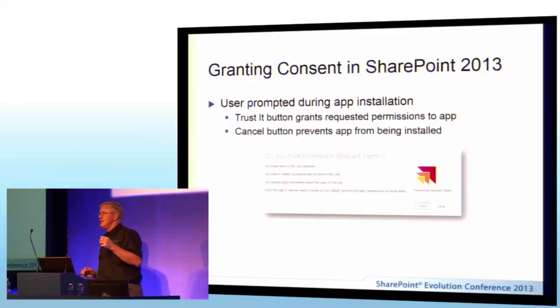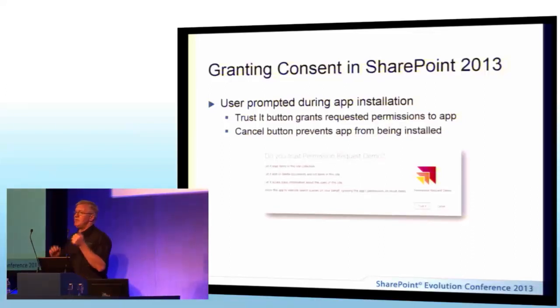And what's important to see is that if your app says, I want permissions 1, 2, 3, 4, and 5, the user who's installing the app gets presented with a dialog saying, this app is requesting permissions 1, 2, 3, 4, and 5. And the user can't say, 2 looks kind of dangerous, I'll give you 1, 3, and 5. It's an all or nothing proposition.